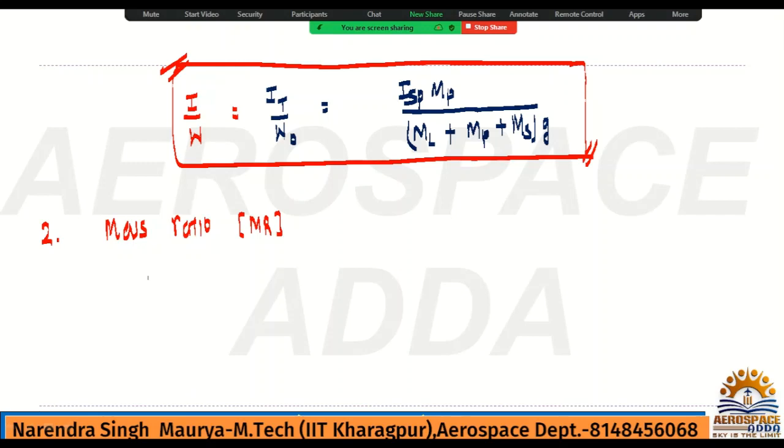It is the ratio of the final mass after rocket operation.